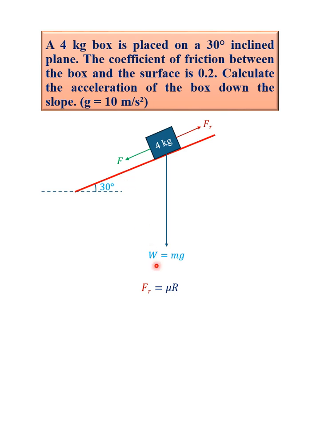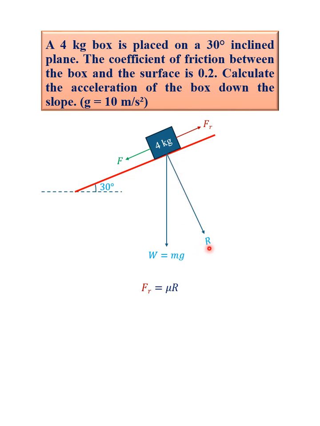The reaction R must be perpendicular to this surface. Hence, this is the reaction. This is where we are going to have it, R, because this is now perpendicular at 90 degrees to the surface. This is where R is actually acting. This is the normal reaction of this object. So now we have the R here.